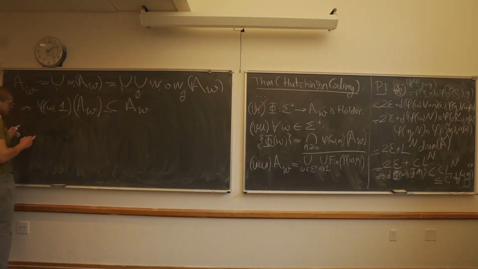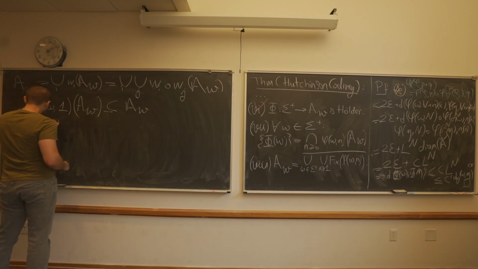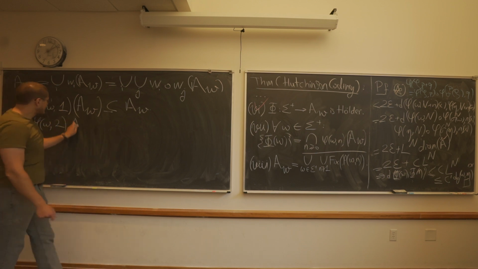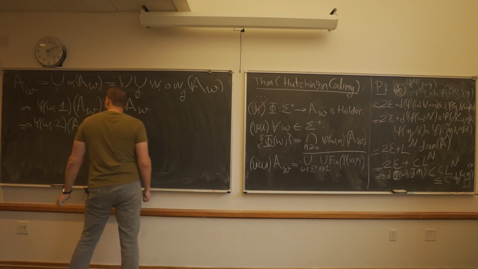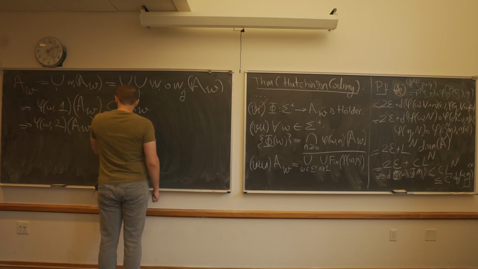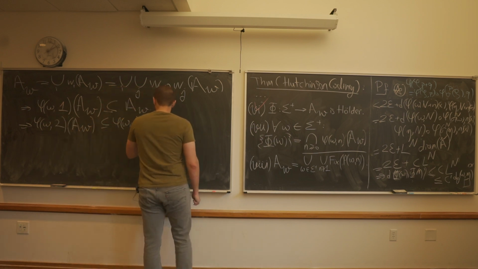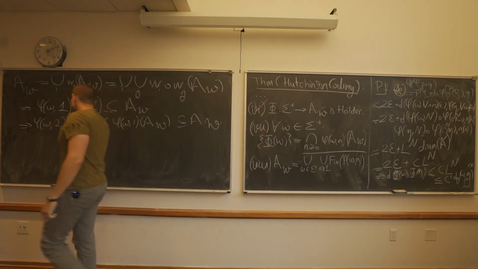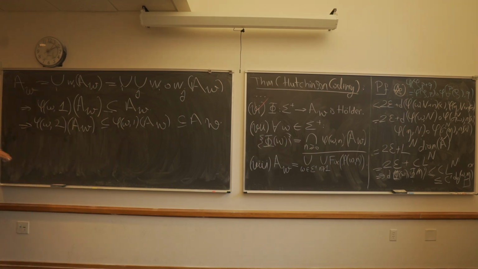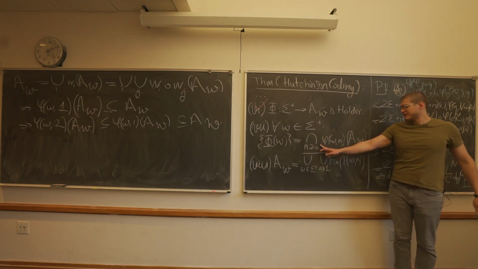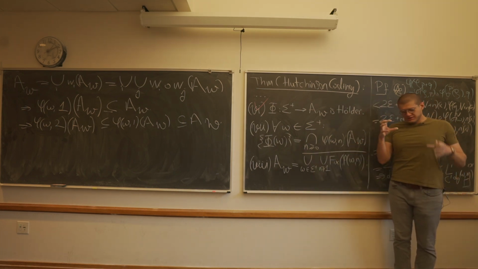Which means that not only this, but in fact, if I were to take any two contractions and look at the image under them of A sub W, this is going to be a subset of this, which of course is a subset of this. What I'm trying to say here is that if you generalize this idea, as n goes from 0 to infinity, this really is a sequence of decreasing sets.